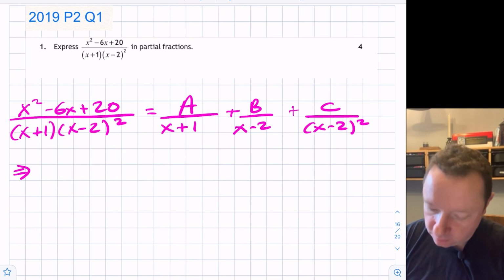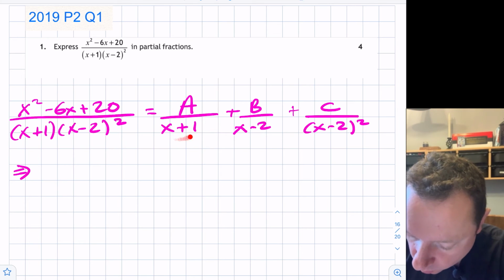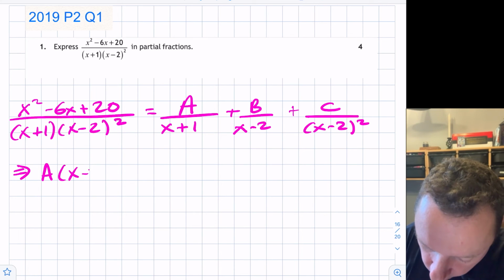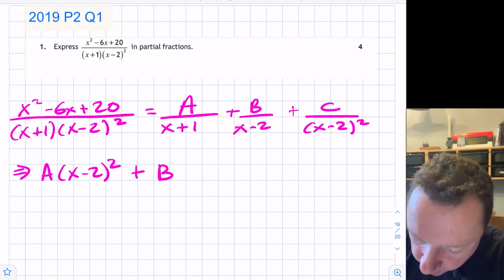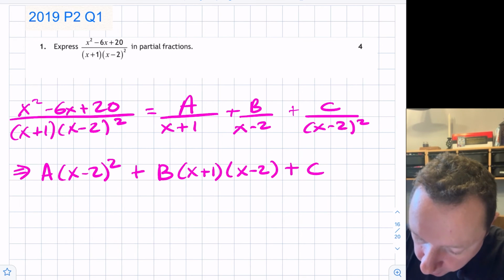So that implies that we've got, if multiplying through, the first one, x plus 1 gets times by x minus 2 squared. So we've got a times x minus 2 squared plus b, that gets times by x minus 2 and x plus 1. And c gets times by x plus 1.